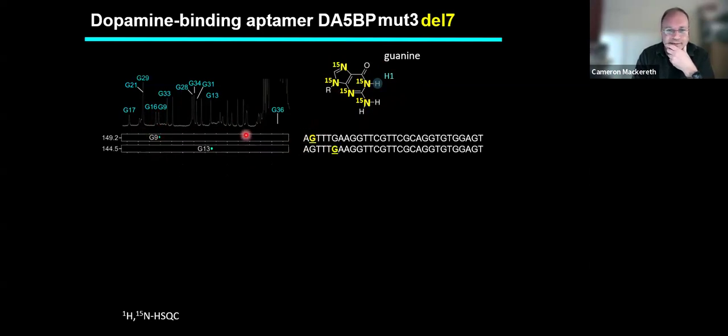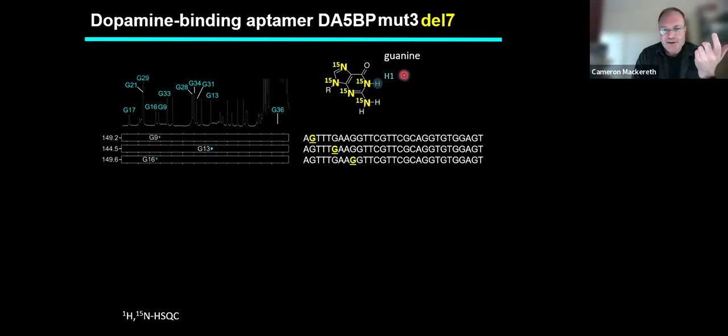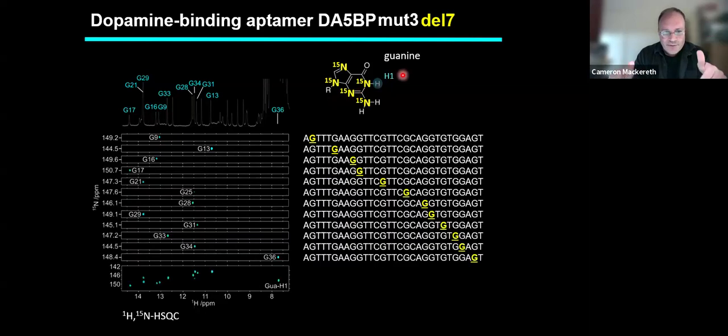So we can do the same thing by making another DNA. We now have this G labeled, and so we know that G13 is that signal. Again, you do it again, and you can see that the signal right beside G9 is actually from the H1 of G16. We keep going through all the different guanines, and we can assign the guanines that are in the one-dimensional spectrum, or we can even look at a 2D spectrum as well.